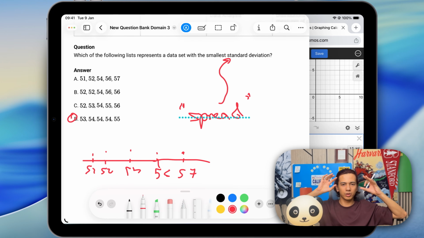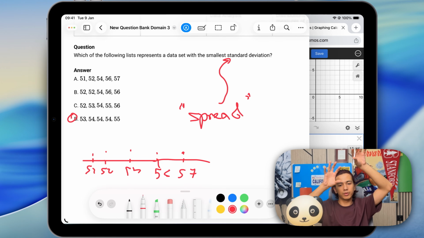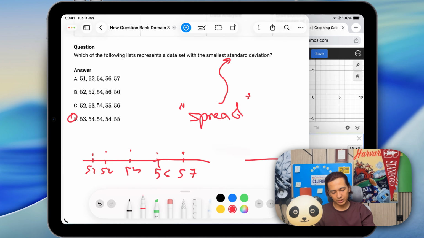I'm not going to draw it, but you can imagine: 52, 53, 54, 55, 56, and then I have 53, 54, 54, 54, and 55. It is the closest of them all, so it's going to be option D. The values there are the closest to each other of all the options.